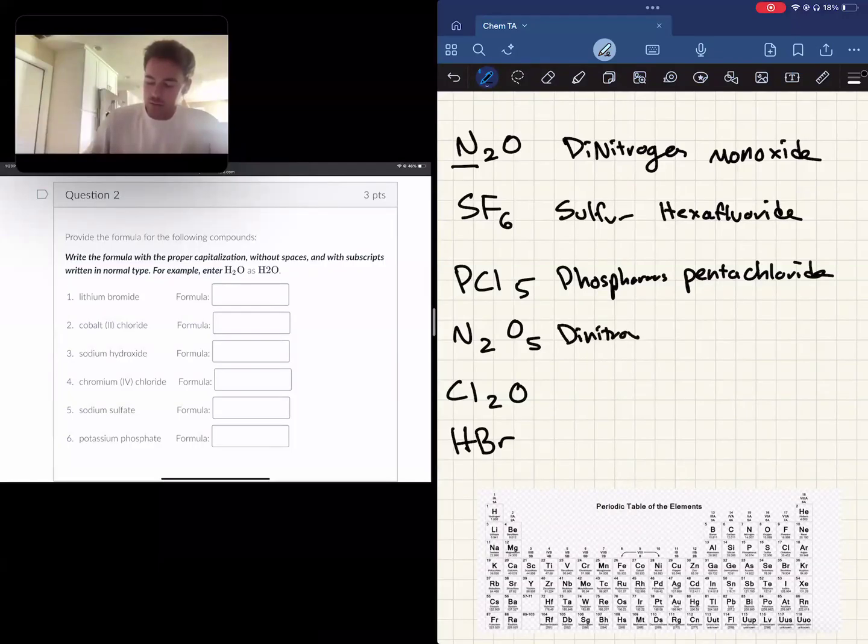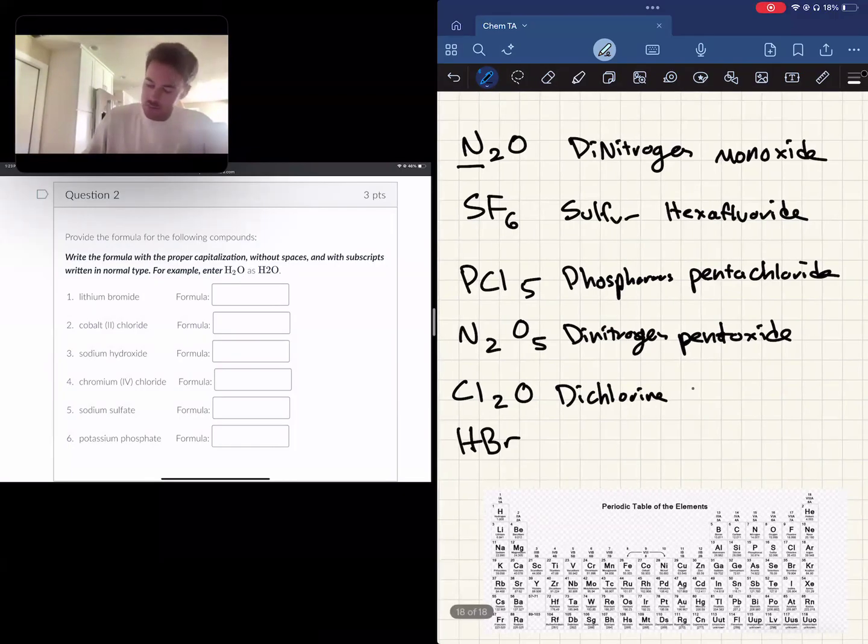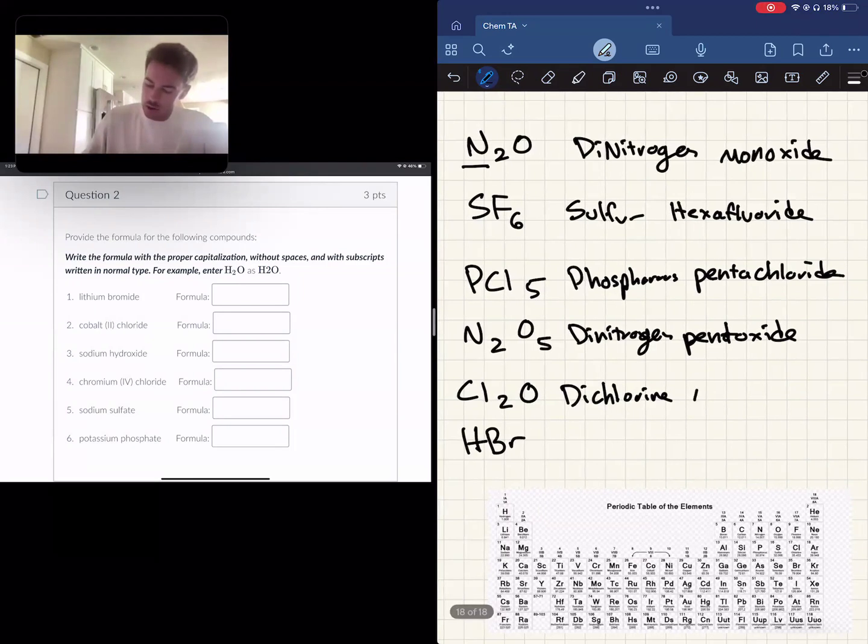Dinitrogen pentoxide. This would be dichlor... wait, is it? Sorry. Dichlorine monoxide.